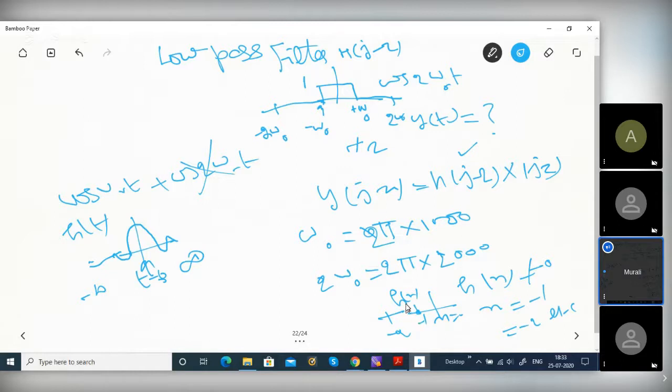From the definition of causality, think about why this is so. Causality means the output depends on past inputs and the present one. So if h of n is not 0 at n equal to -1, what will happen?